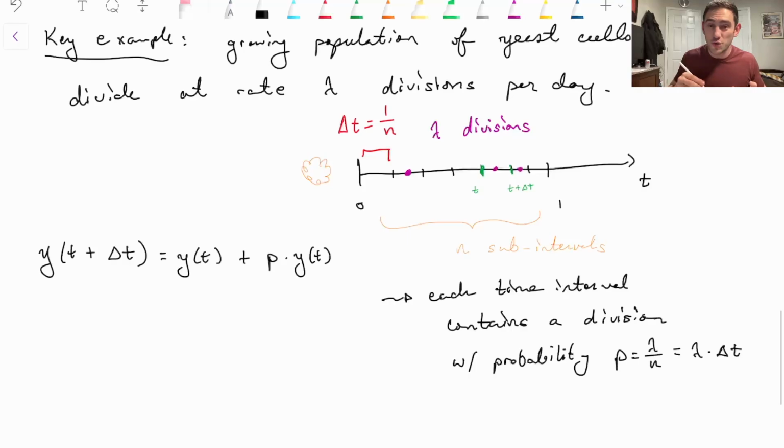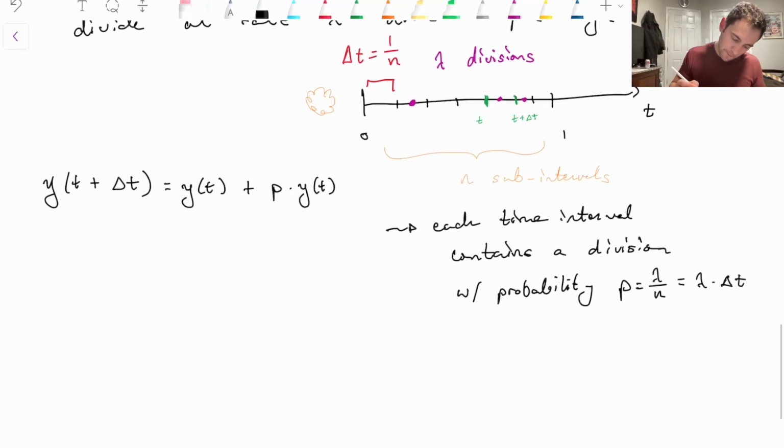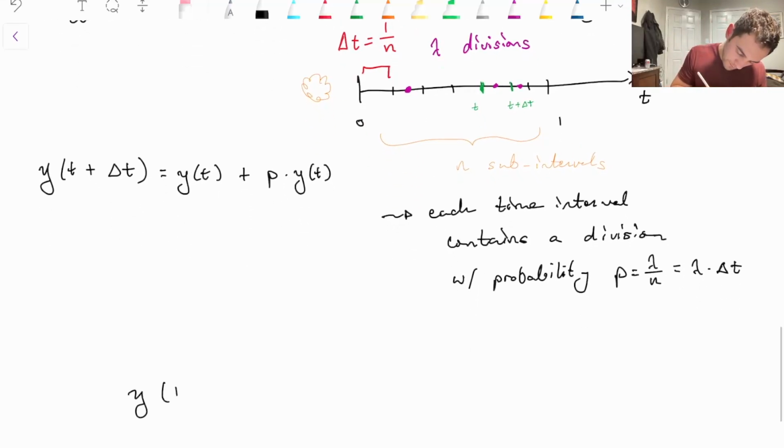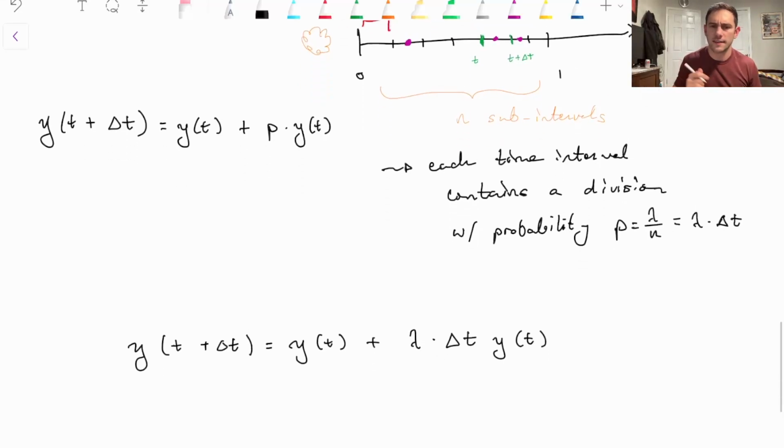Well, because I argued that p, the probability of any individual cell dividing in that small time interval, is just lambda times delta t, I get an expression that looks like this.